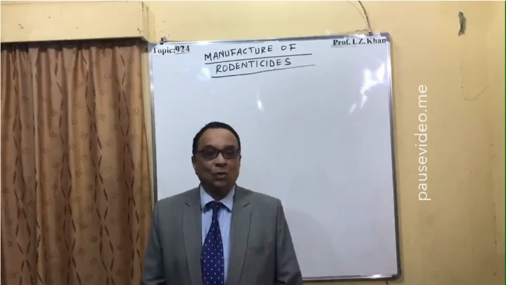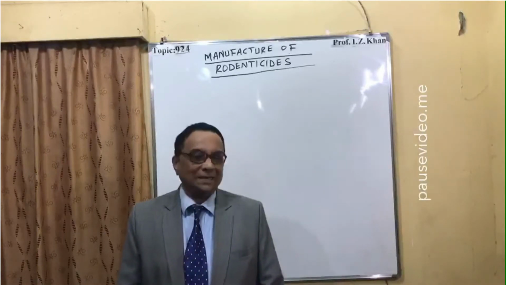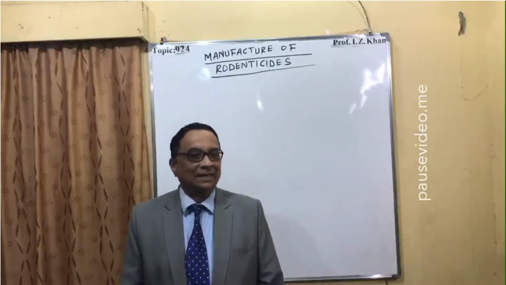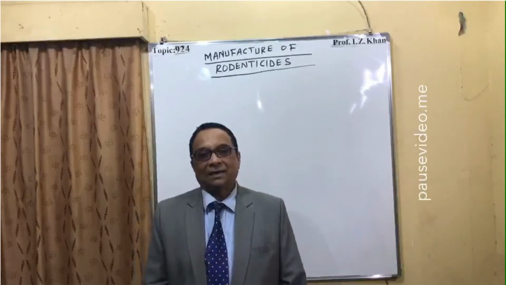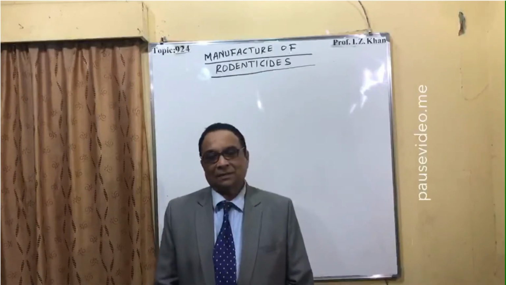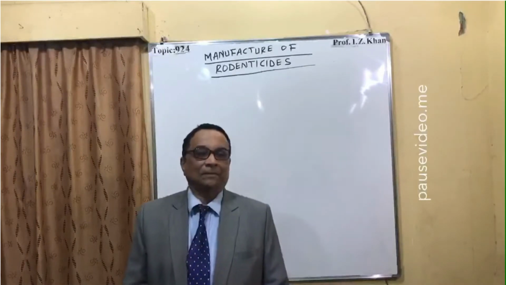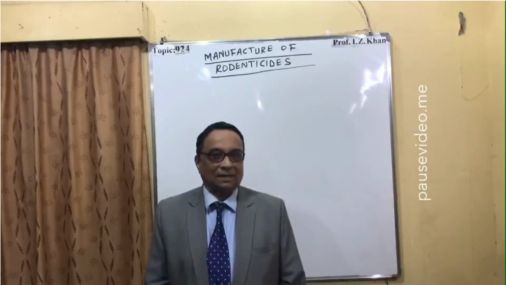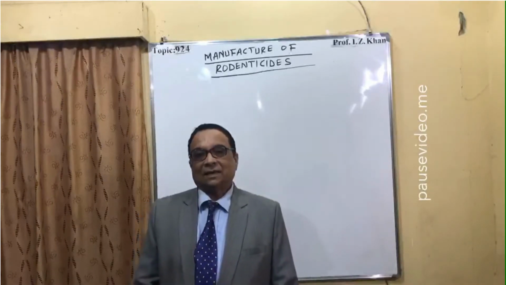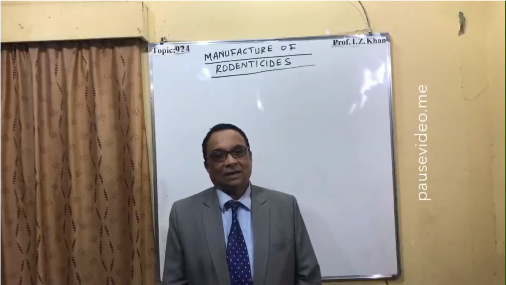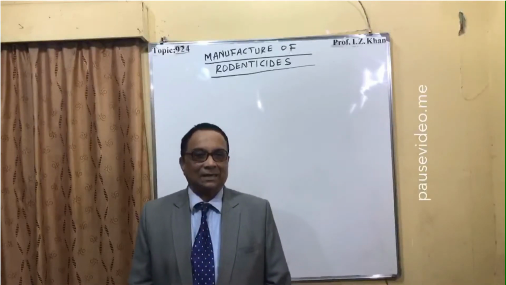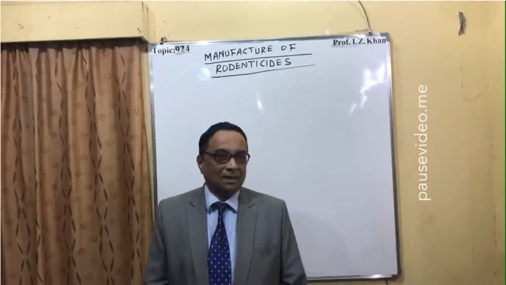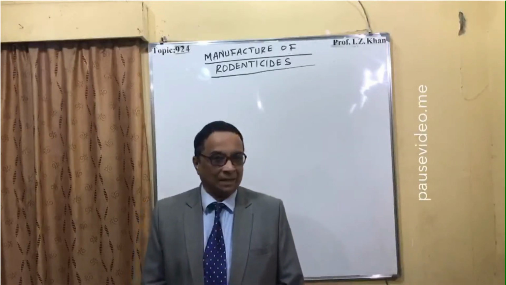They are widely used to kill, and the mechanism of their killing is that they are anticoagulant, and it is a complex blood reaction where these rodenticides will damage the blood viscosity, blood clotting, and there will be internal bleeding.